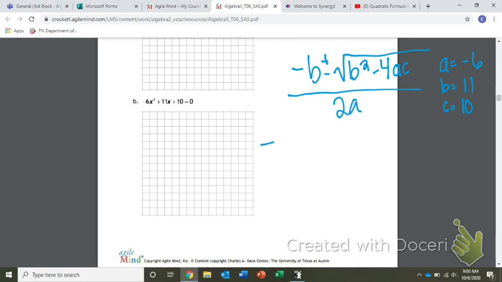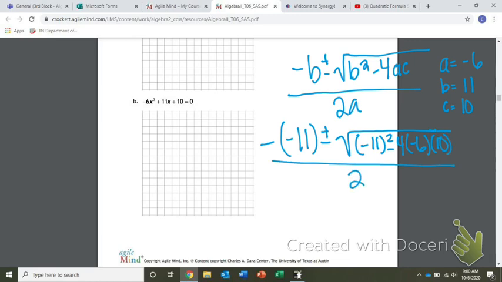Negative 11 plus or minus the square root of negative 11 squared minus 4. Here's a. Here's c. And that's all over 2a. Okay?